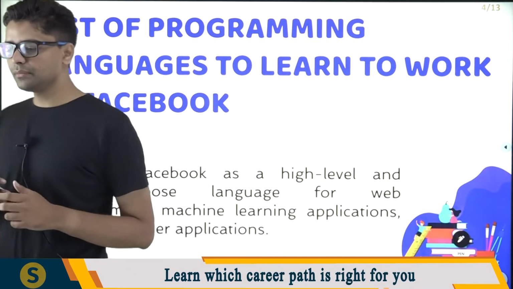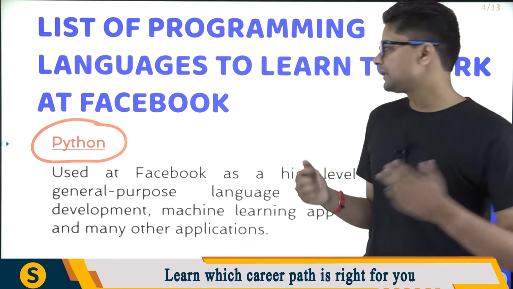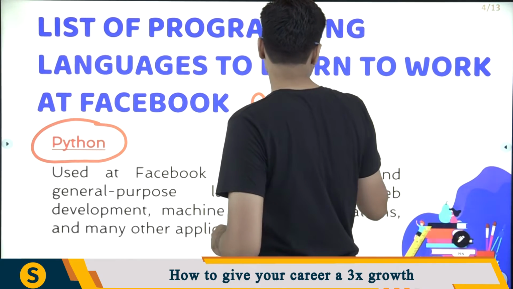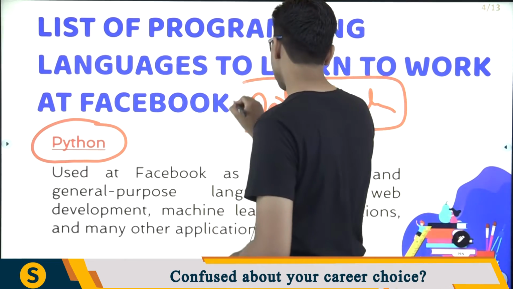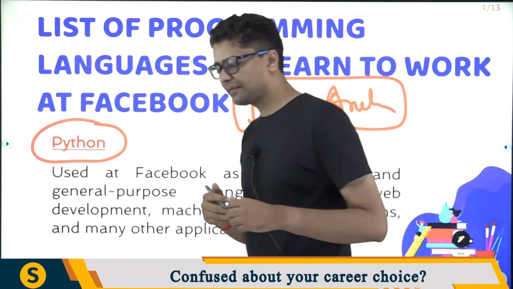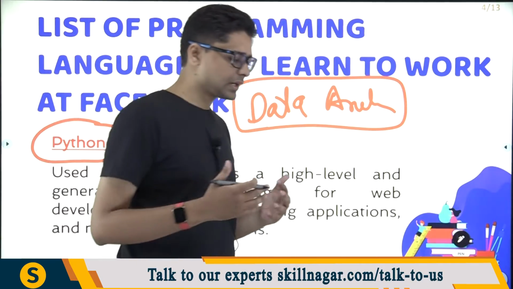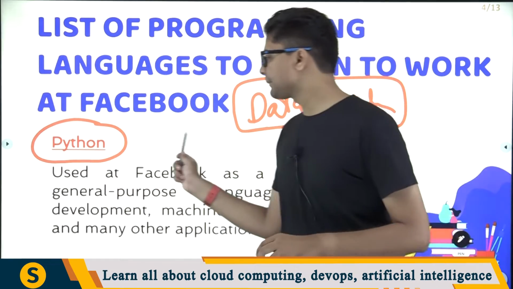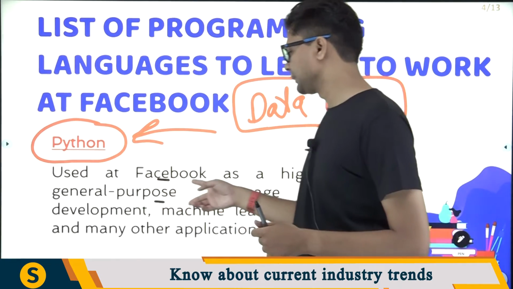But what I can assume is Python might be used for Facebook's internal purposes, in terms of data analytics. One data analytics is available to us as a business, and one data analytics is available at Facebook level. So all the ads platforms which are running, all this kind of analysis is done using Python. Now this is obviously an assumption. I'm not pretty sure that this is what they are doing.